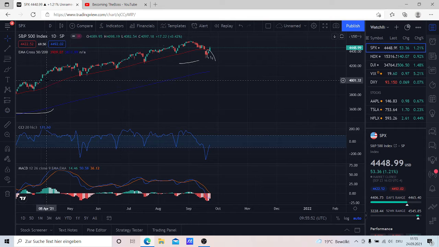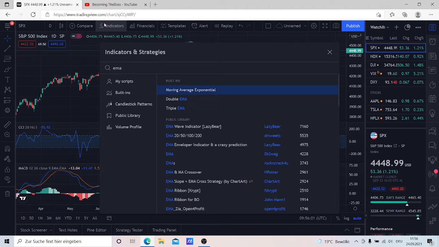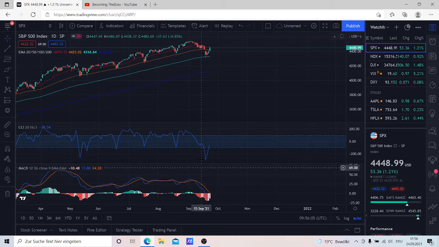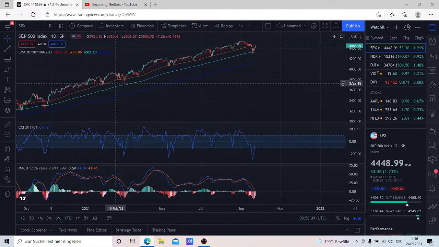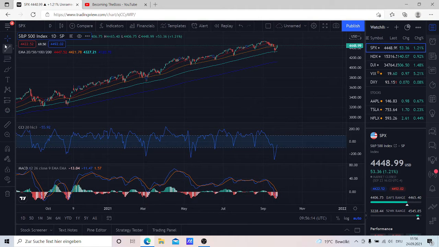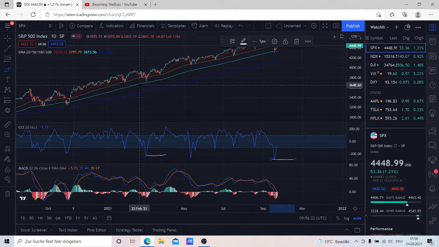So here again, I think here we retested the 100 EMA. If I just quickly go in for this one, yeah, here we tested the 100 EMA, which happens sometimes. Here we saw a similar dip where the CCI was pretty low as it is right now at the 100 EMA.